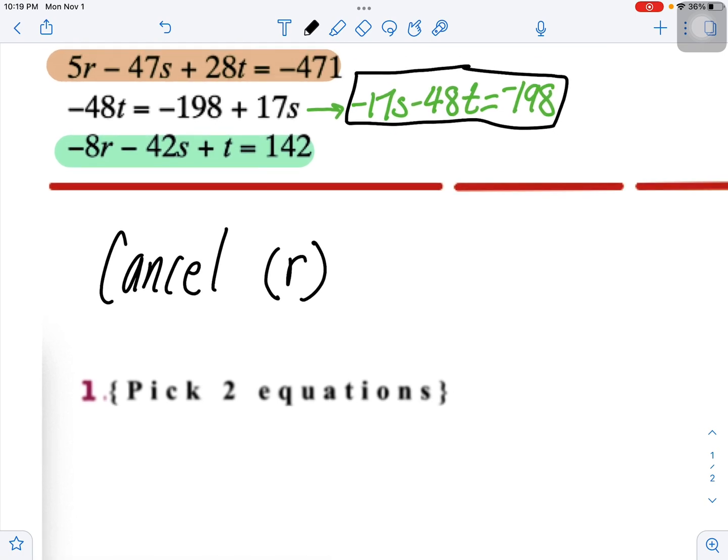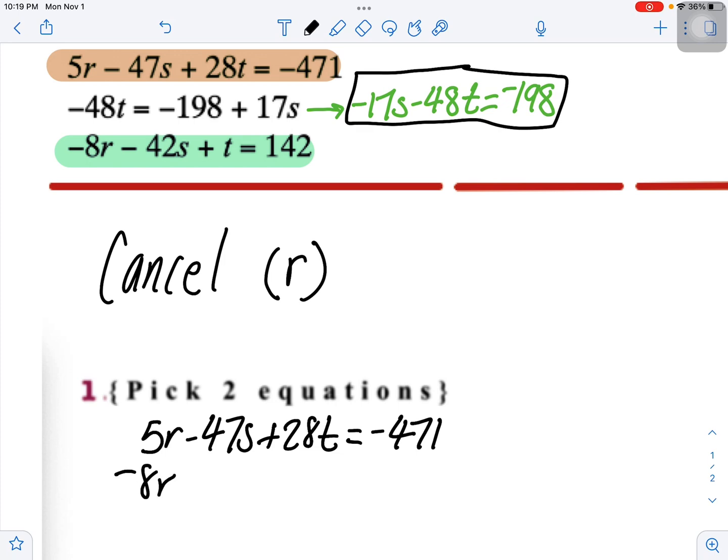So I'm going to copy the top and bottom equations: 5r minus 47s plus 28t is equal to negative 471. Negative 8r minus 42s plus t is equal to 142.